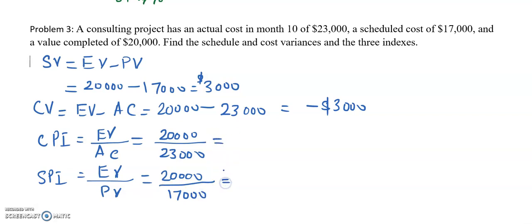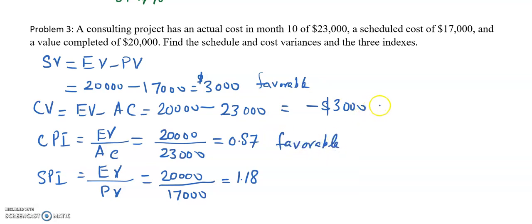So this ratio is 0.869, about 0.87. This ratio is 1.18. So the schedule variance and schedule index are favorable, and the cost variance and cost index are unfavorable.